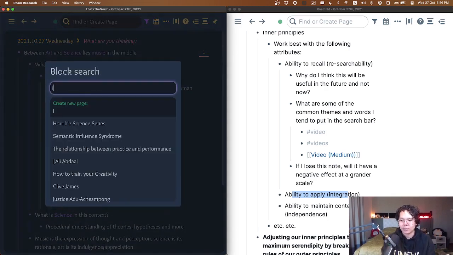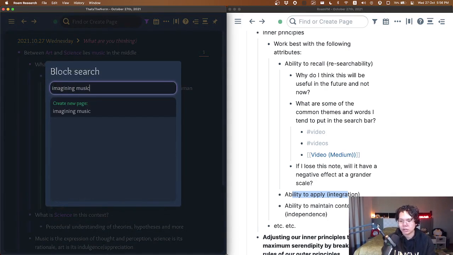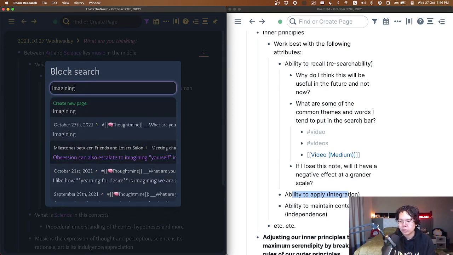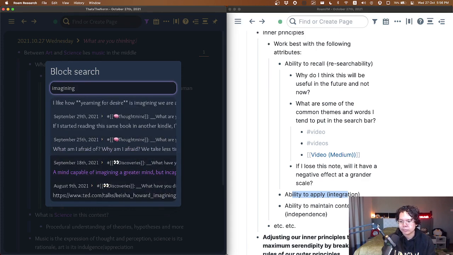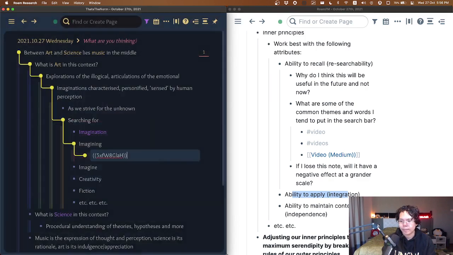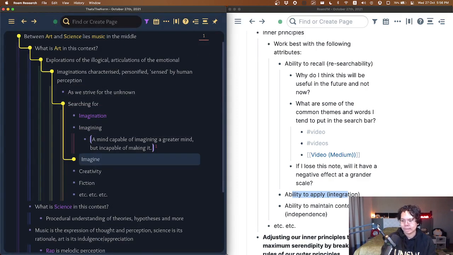And I say imagining music. I don't remember where this is from, but let's just say this is a very useful note, and I'm like, wow, that's pretty cool. Can I apply it to this specific sentence? And then I try to explore that over time.